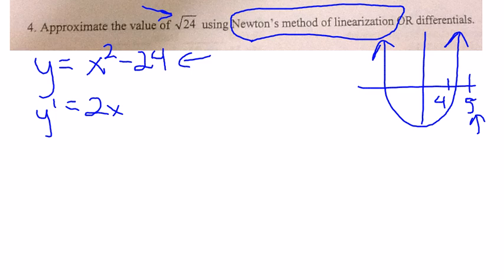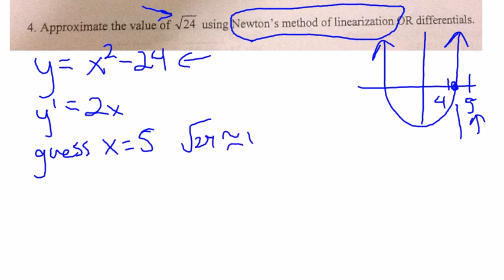So I need to have a guess for what the 0 is. I'm going to guess that this 0 right here is close to 5. X equals 5 is my guess. And I know that because root 24 is approximately root 25, which is equal to 5.